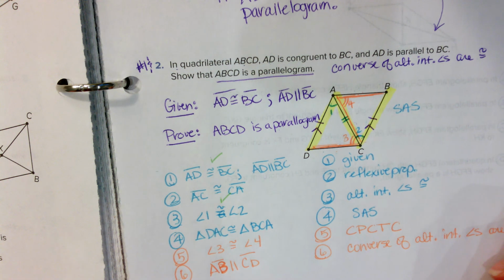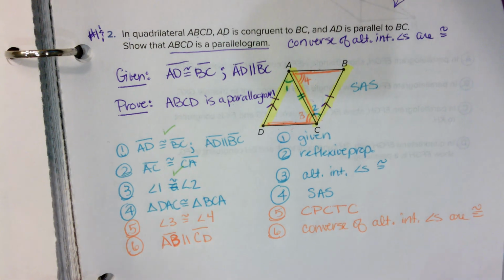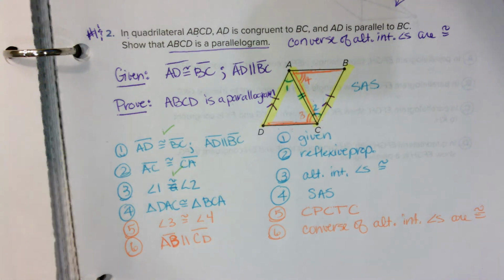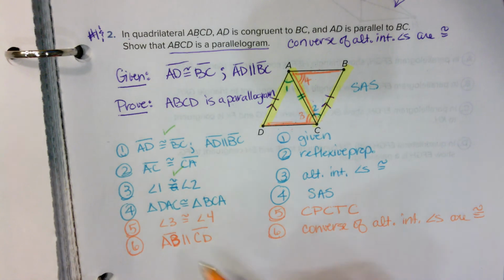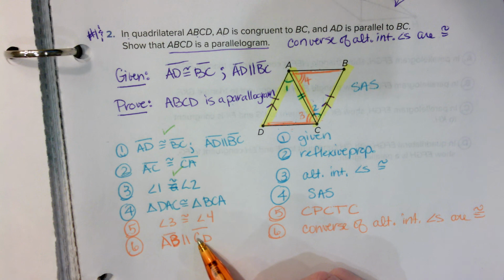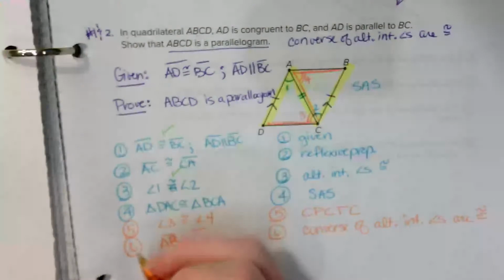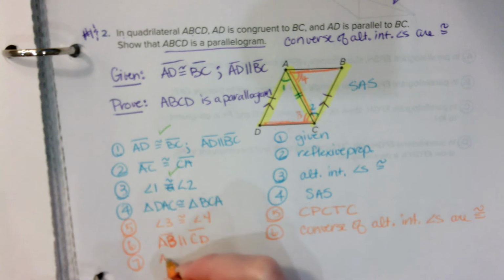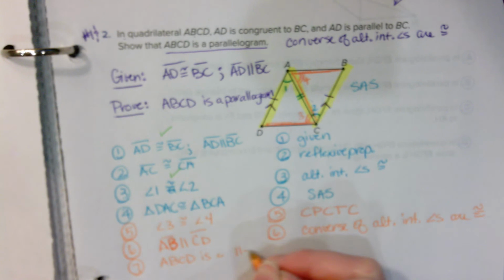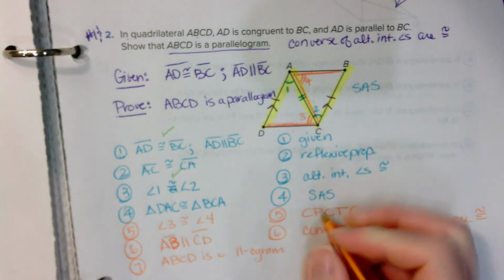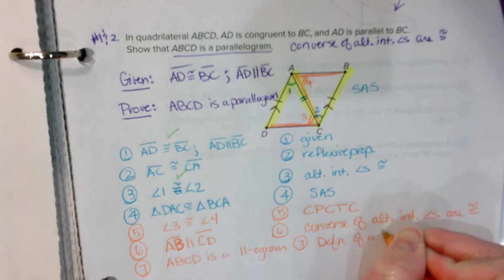The converse is if I know the angles, I can then say the lines are parallel. And I'm basically done. I have in my given my sides parallel. I have now stated that my top and bottom are parallel. So I know that this is a parallelogram by definition. So ABCD is a parallelogram. And that is the definition of a parallelogram.